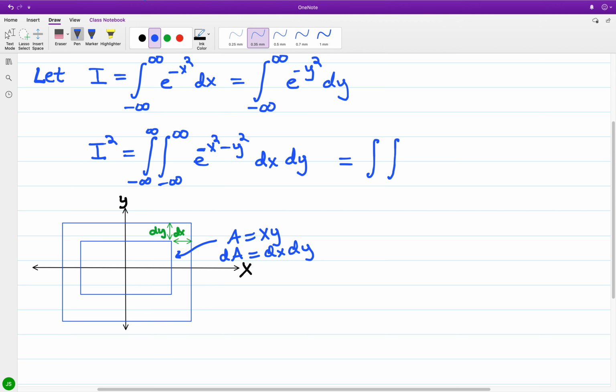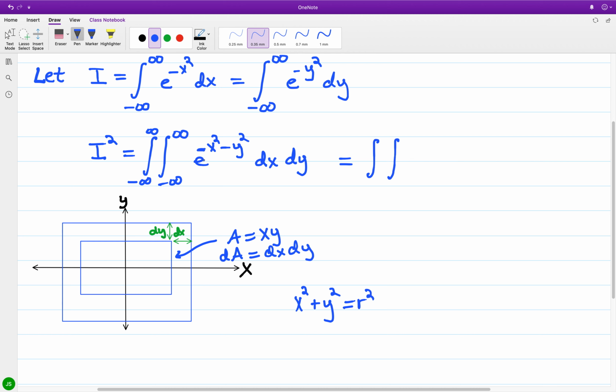Now we know that dealing with the polar coordinate system, x squared plus y squared is equal to r squared.